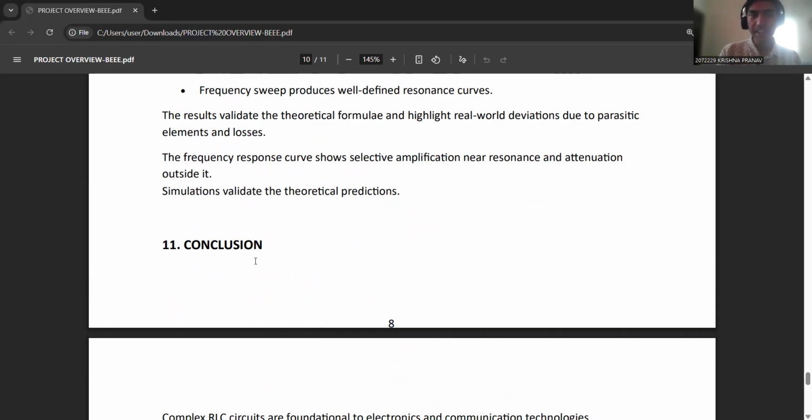The results validate the theoretical formulae and highlight real-world deviations due to parasitic elements and losses. The frequency response curve shows selective amplification near resonance and attenuation outside it.